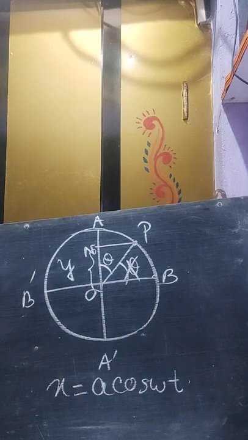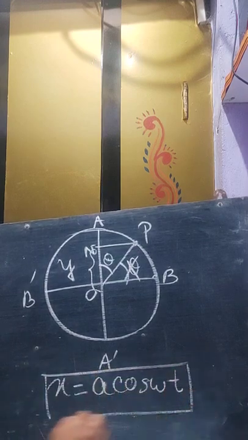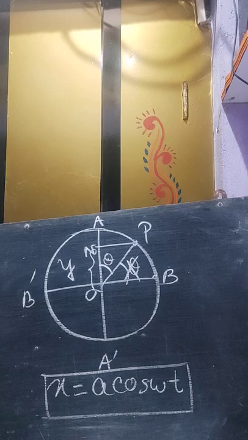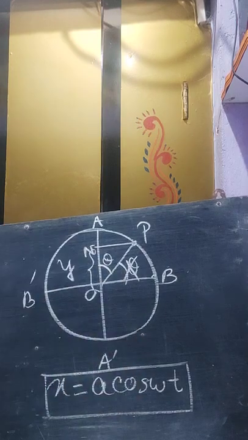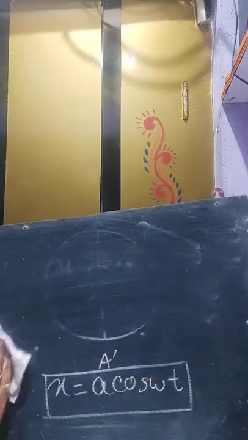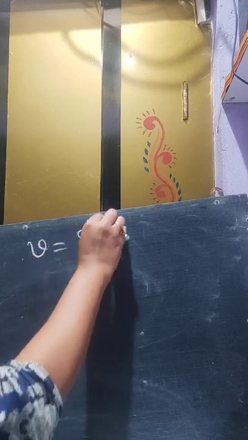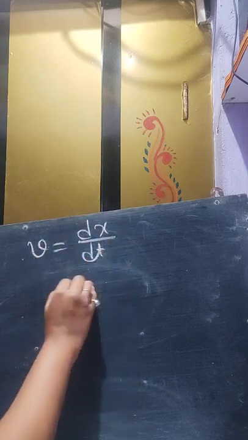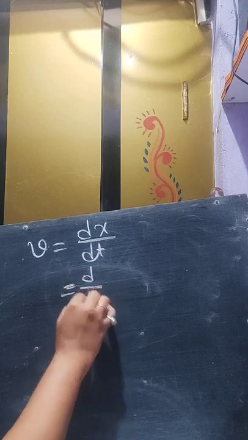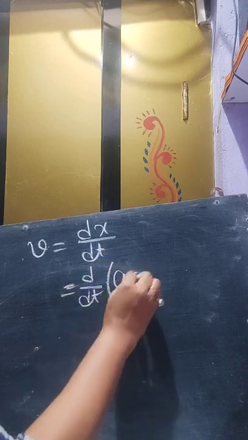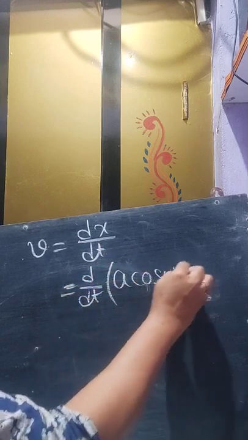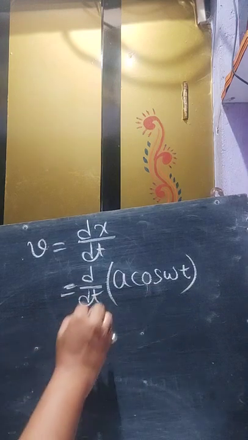Okay. So, if I consider the displacement along x, what will be the velocity term? Let us discuss that. Same thing, velocity will be dx by dt, that is, derivative of A cos omega t, right?